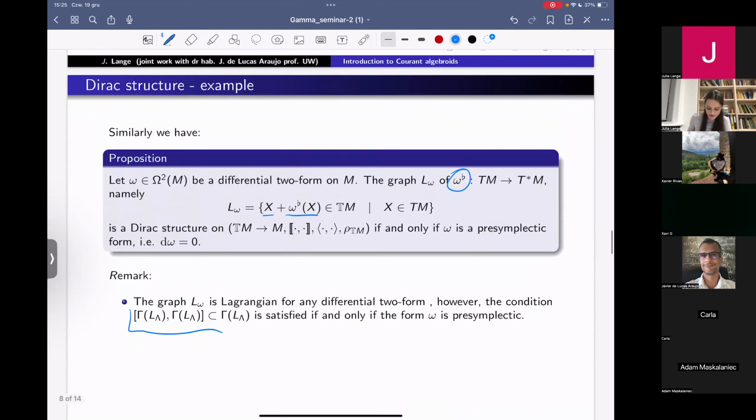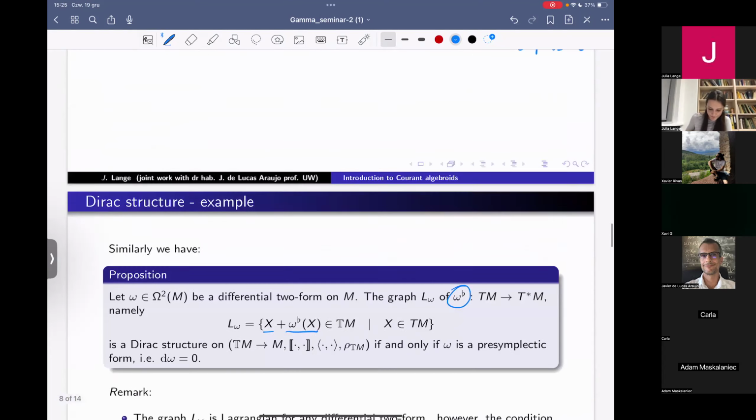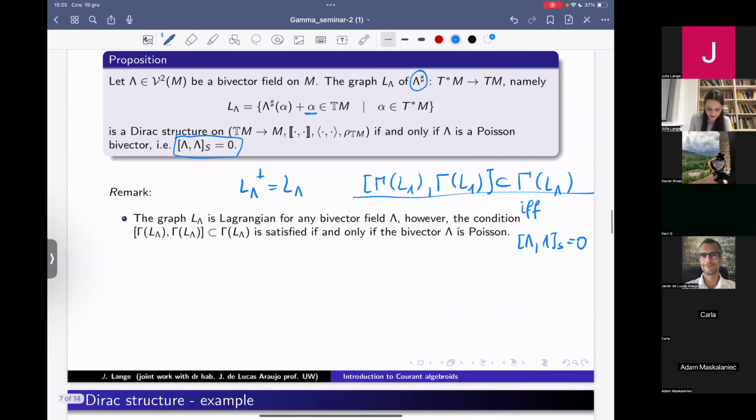Going back to the example I gave before, if L is a Dirac structure, we can say that L equals L_lambda if and only if the intersection of L with TM equals 0.